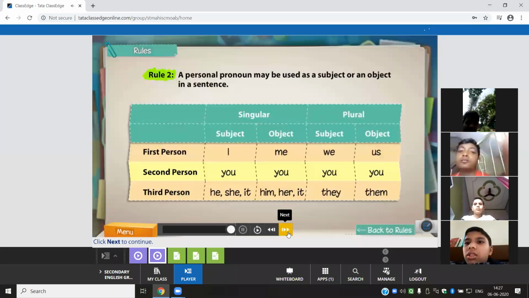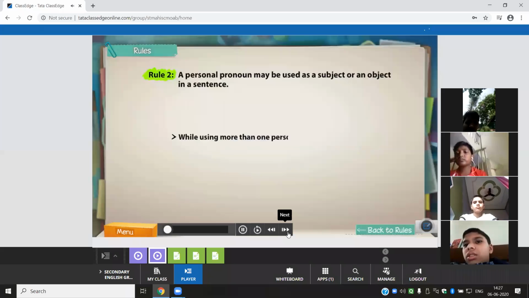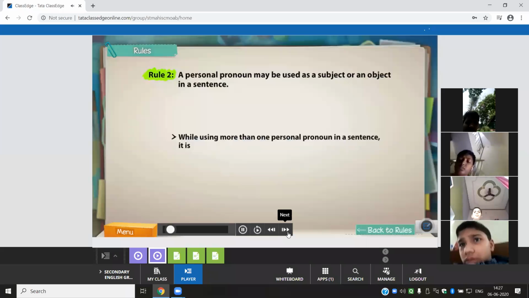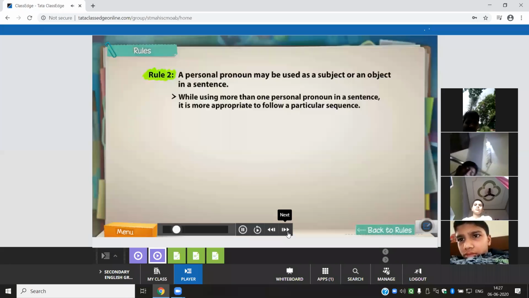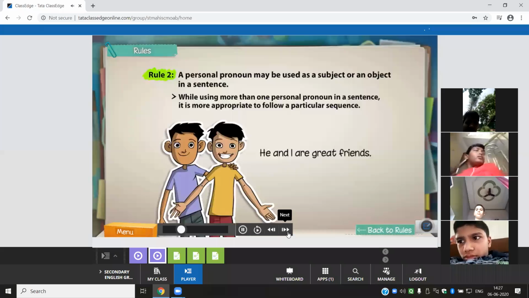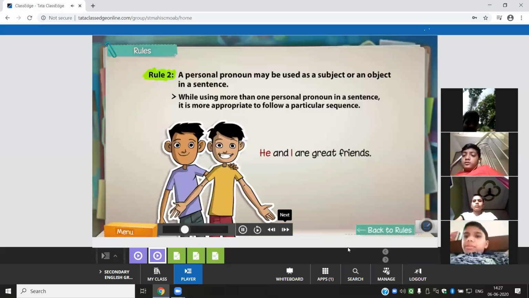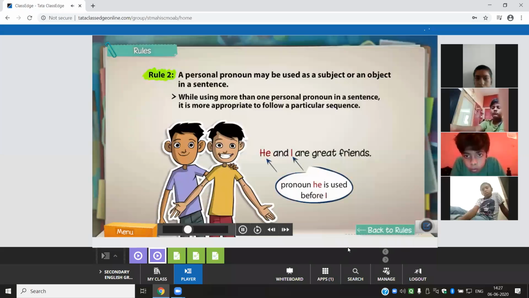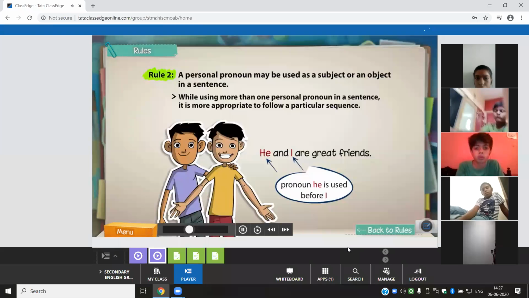While using more than one personal pronoun in a sentence, it is more appropriate to follow a particular sequence. When two personal pronouns, like he and I, are used in a sentence, he is used before I. So you say, he and I are great friends.